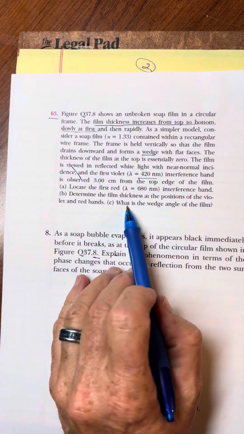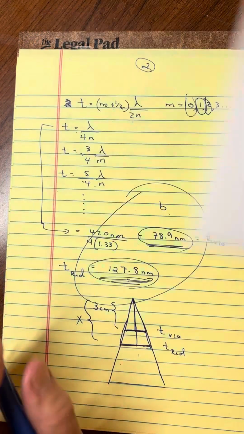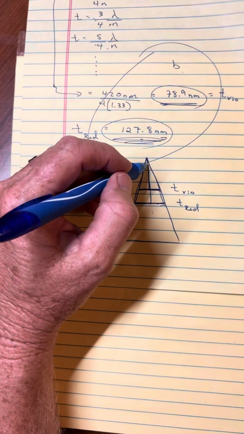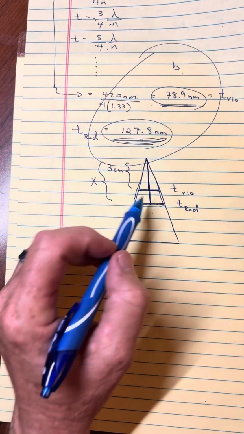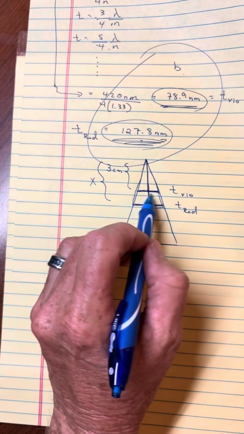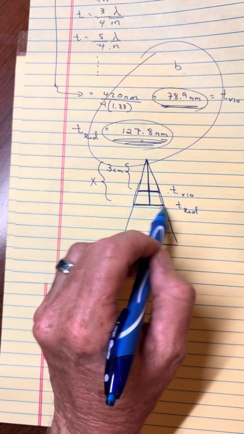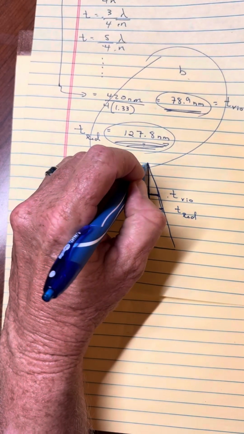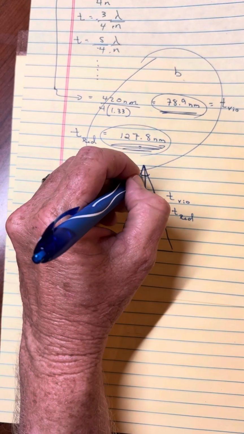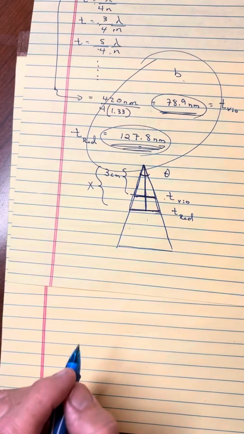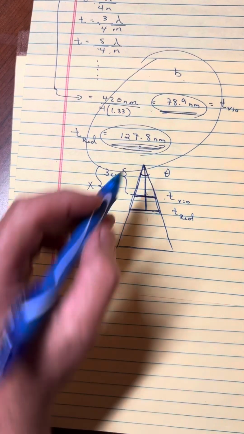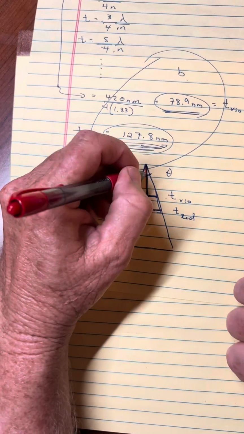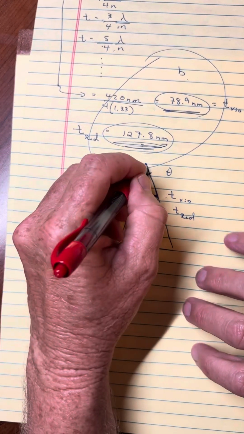Now C, what does C have? C says, what is the wedge angle? All right, and so maybe coming back to this picture, it doesn't matter which one you look at. You can look at the triangle for the violet or the triangle for the red, since they have the same wedge angle. I'll go ahead and do the violet one. If I call this whole angle here theta for the wedge angle, I'm going to do half the angle theta.